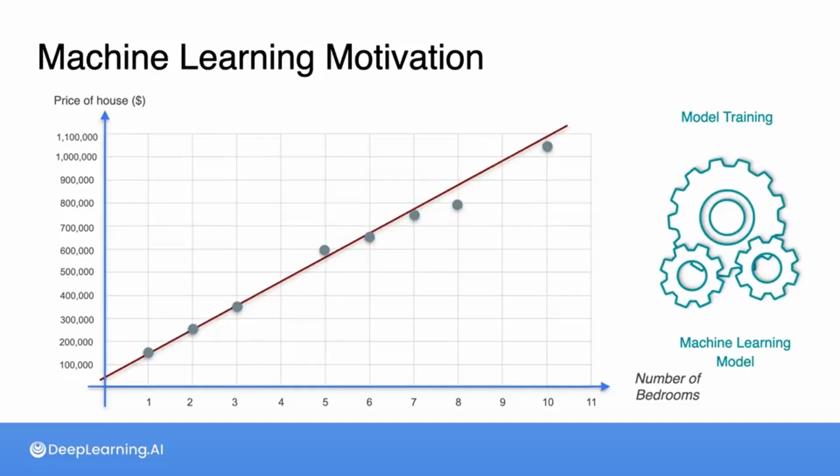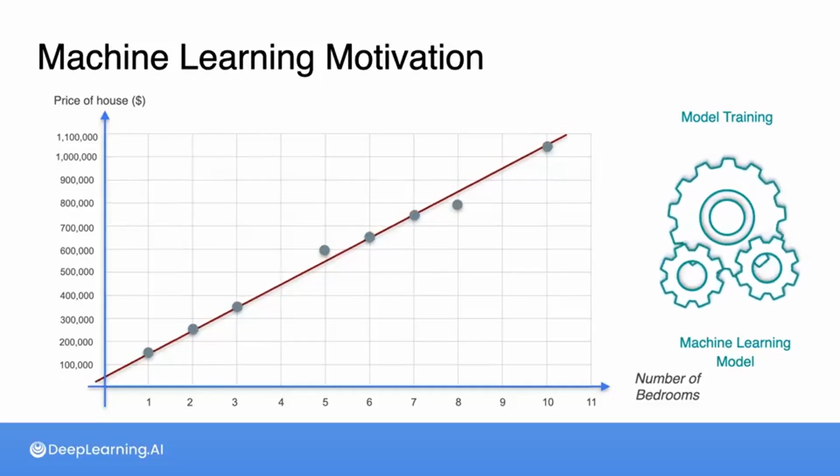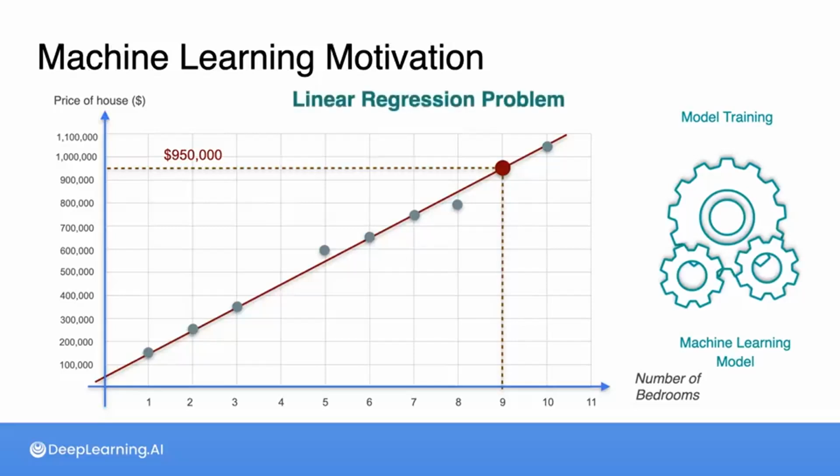And once training is done, the model is able to give you a good prediction for the house with 9 bedrooms. So in this case, the house with 9 bedrooms is predicted to have a price of $950,000. This problem is called a linear regression problem. Now, how does training work under the hood? Well, you'll find out soon enough.